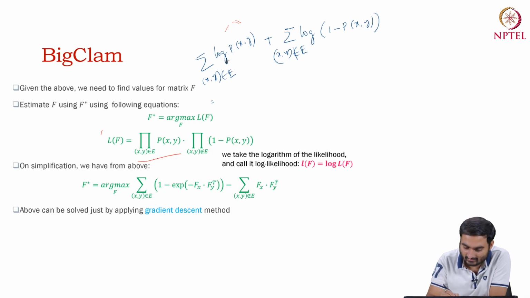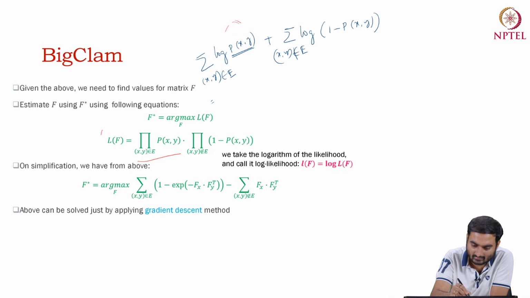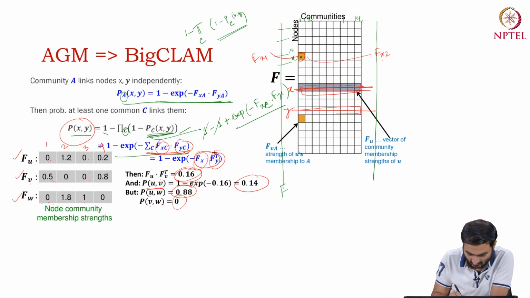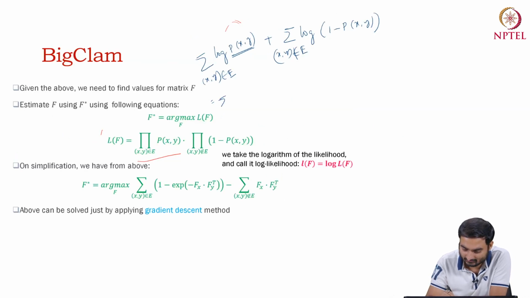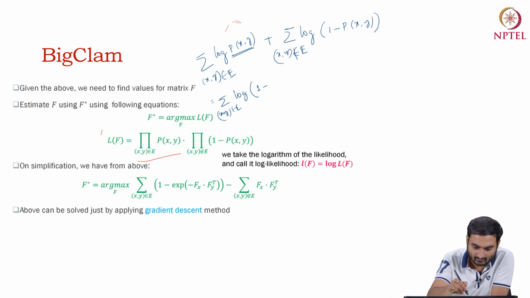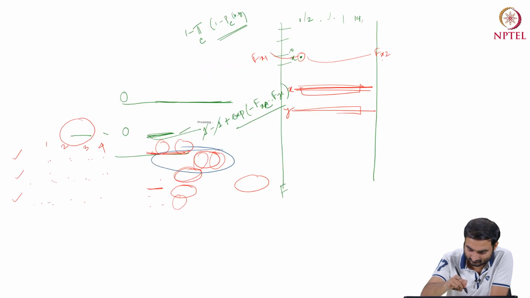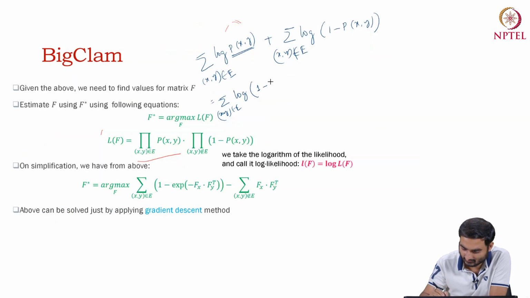Right? Now let us replace this pxy by 1 minus exponential of minus fx times fy transpose. So the first term would be log of 1 minus exponential of minus fx times fy transpose.